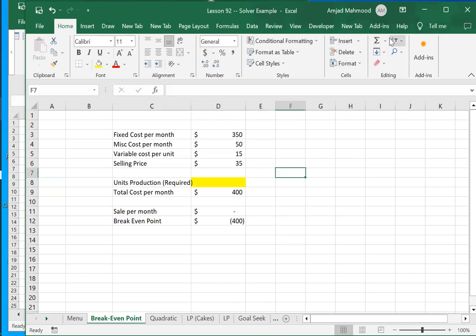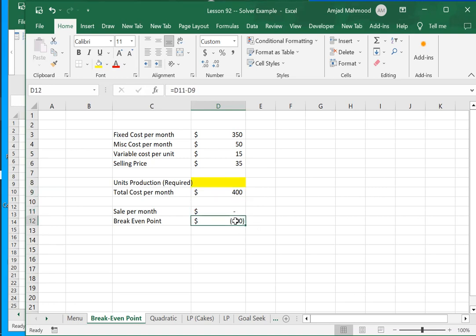This is an example in which we show you how you can effectively use the goal seek, keeping an eye on the break-even point. When the break-even point reaches 0, then you would know that that much production or stock is required in order to match the total cost per month with the total sale.